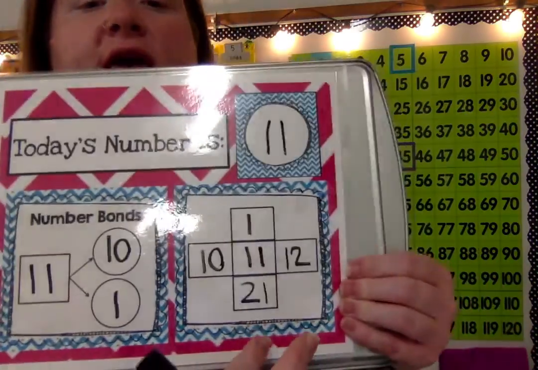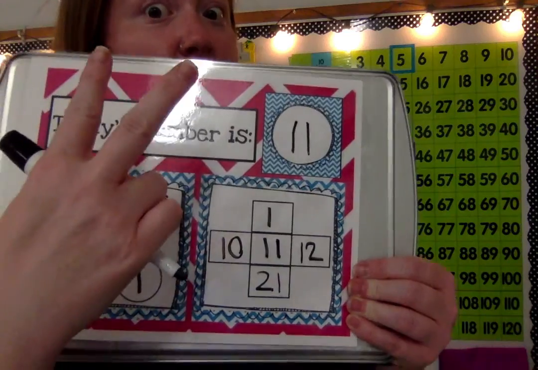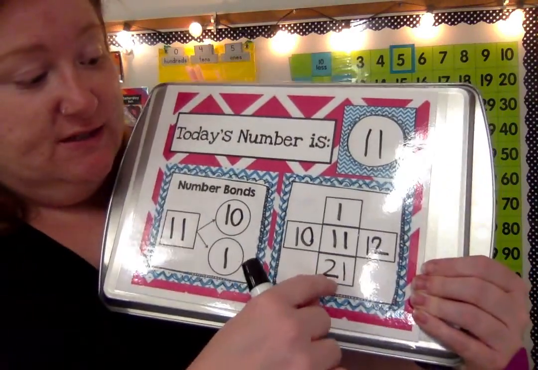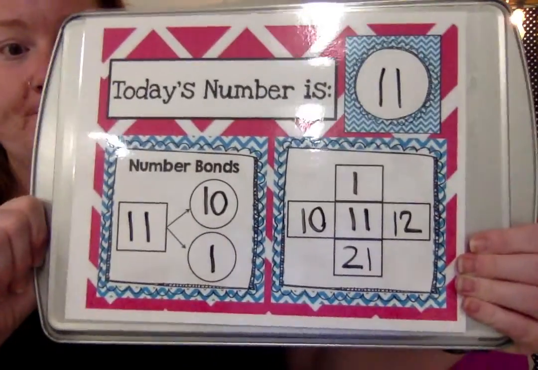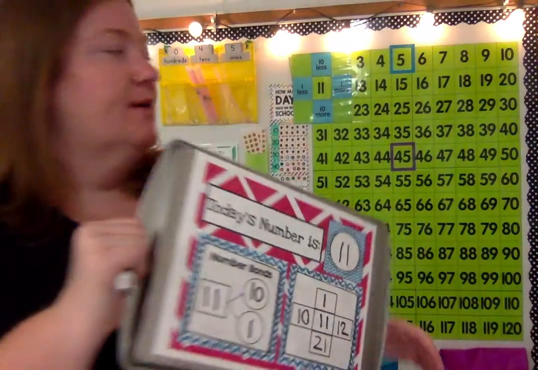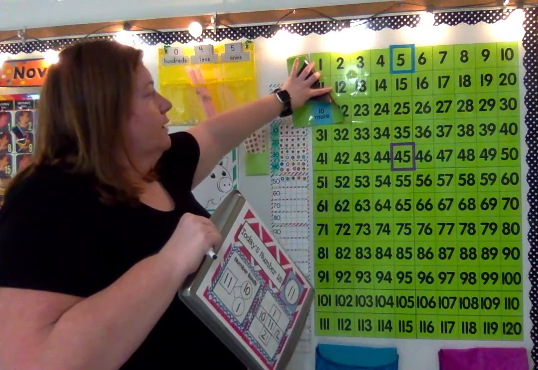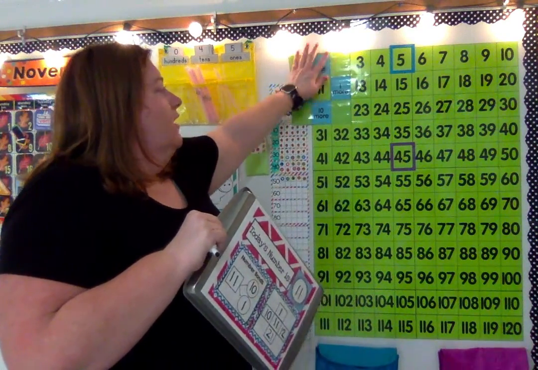These are numbers that we get confused. 21, that 2 comes first because there's 2 tens. 12 is one of those teen numbers, right? The 1 comes first. There's 1 ten. We got to be careful with those numbers. Let's check and make sure we were right. Is 12 1 more? It sure is. Nice work.